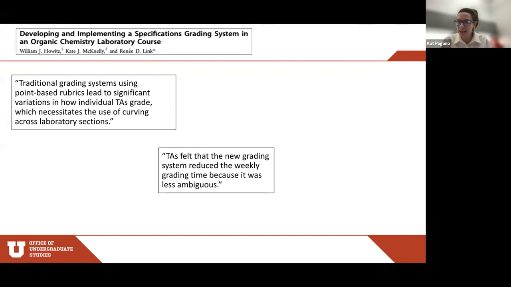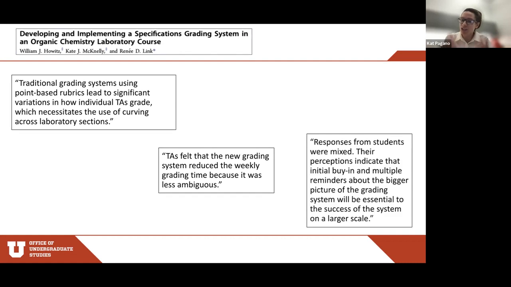When they asked the TAs how they felt about it, they really liked it because they felt it reduced the time they had to spend giving points or taking points. And overall, it was less ambiguous. Now, students thought a little bit differently. They were a little bit mixed and thought that in order for this system to be really successful on a larger scale, instructors would need to make clear what this system means and how the specifications work, which makes total sense, right?